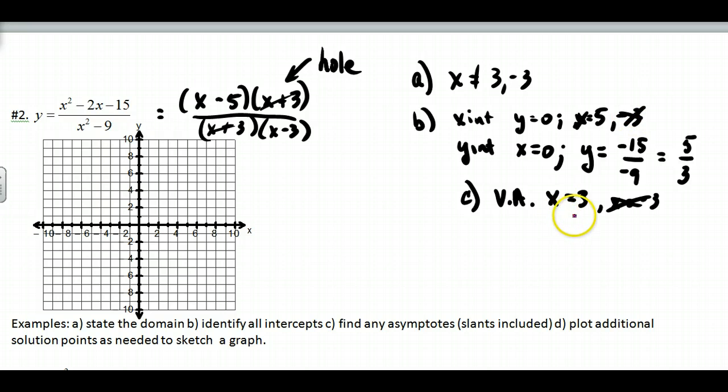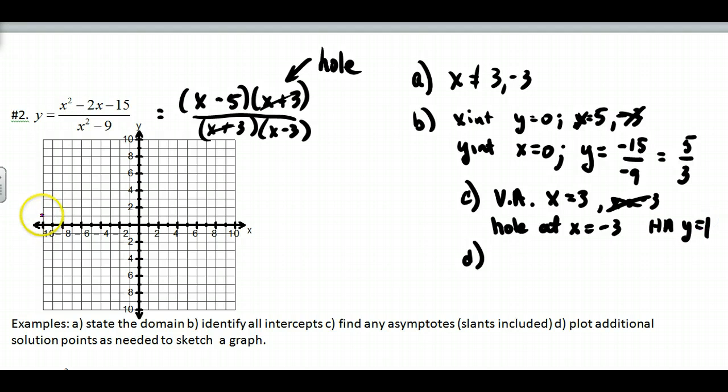So we just have a vertical asymptote at x equal to 3, and we get a hole at x equal to negative 3. My horizontal asymptote, I guess I didn't write that there, would be, take the leading coefficients, 1 over 1, so that would be y equal to 1.